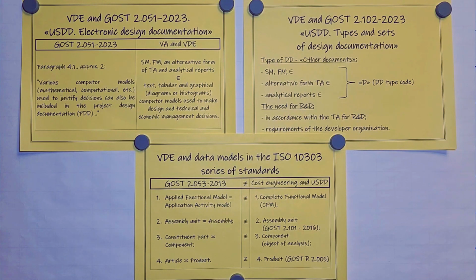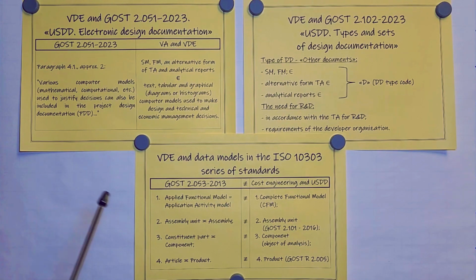And in the United System of Design Documentation, this term has the following wording: an assembly unit, according to GOST 2.101, is a product, the components of which are connected to each other at the manufacturer by assembly operations: screwing, articulation, riveting, welding, soldering, pressing, rolling, gluing, stitching, laying, etc.